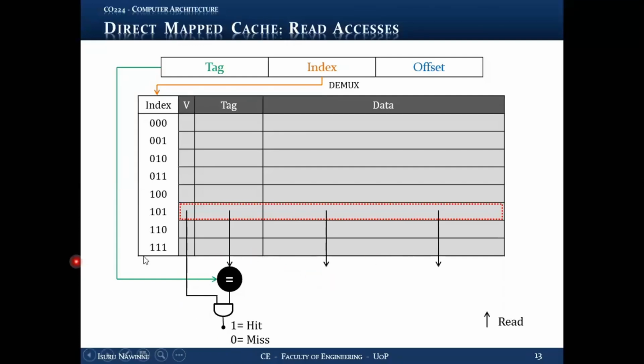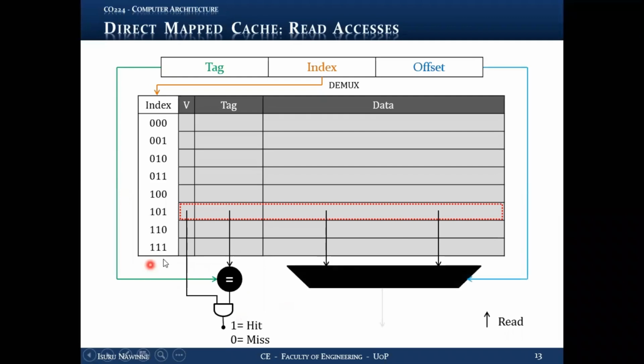While that is happening, at the same time, you can extract the data block from the cache in parallel and use a multiplexer to figure out which word you are referring to from that data block. In our example, we had two words in one block, an 8-byte block.